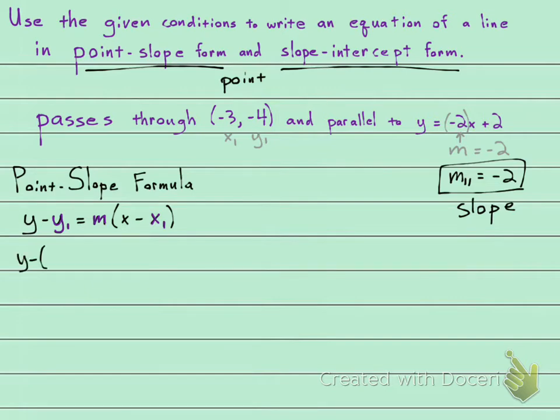y minus y1 equals m times x minus x1. I always use a blank set of parentheses before I go and plug in. And the reason is because we might plug in something that's negative, and in this case that's true.